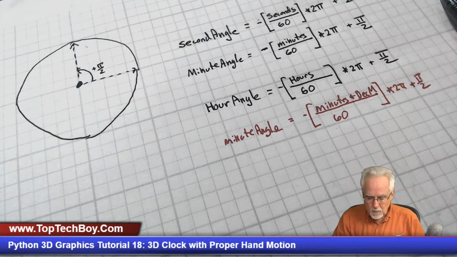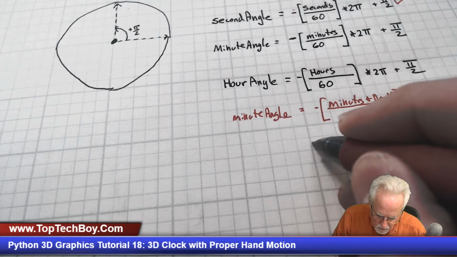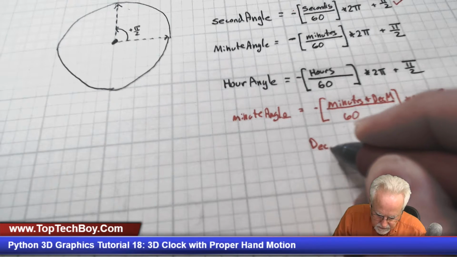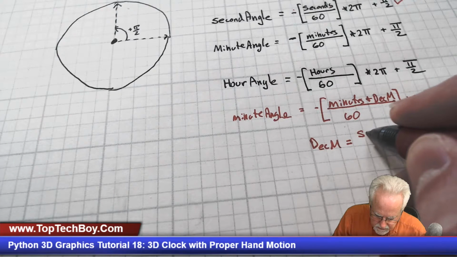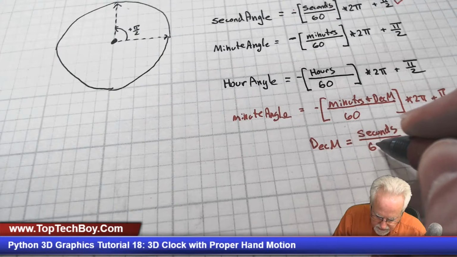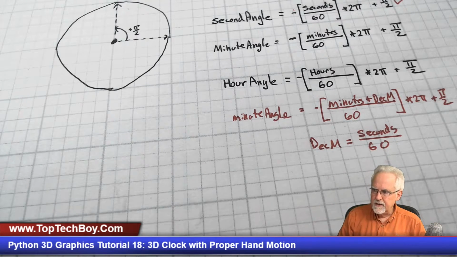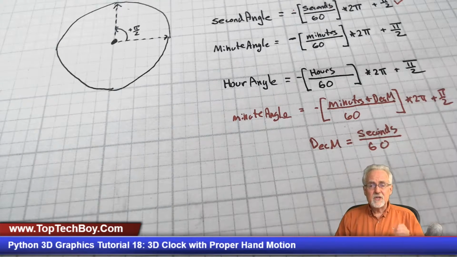So you see, what we want to do is ask, what is decimal minute? Well, decimal minutes is equal to how many seconds I have, divided by 60. So I want to take this and add it. What is the angle that it's going to have?